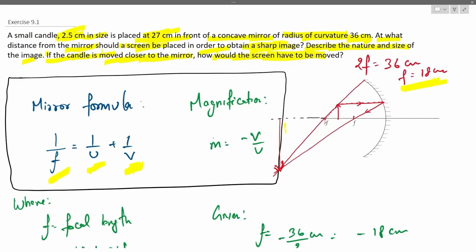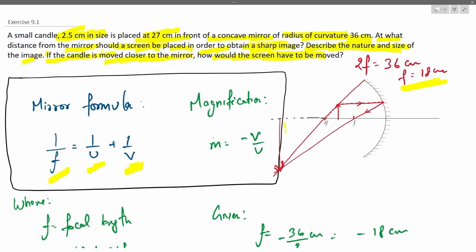Now we have got the value of v, that is where the screen should be placed. We also have to find the nature and size of the image. Since we have got the value of m, the size of the image equals magnification times the original size of the object, that is 2 times 2.5, which is 5 centimeter, and the nature of the image is real.